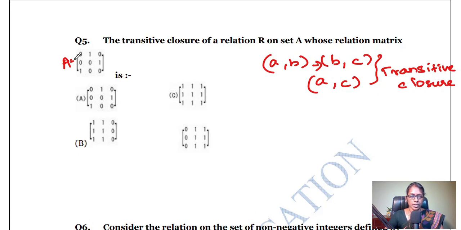Now you have to find out wherever 1 is present for this set A. They are asking what is the transitive closure for this matrix A. Consider rows 1, 2 and 3.